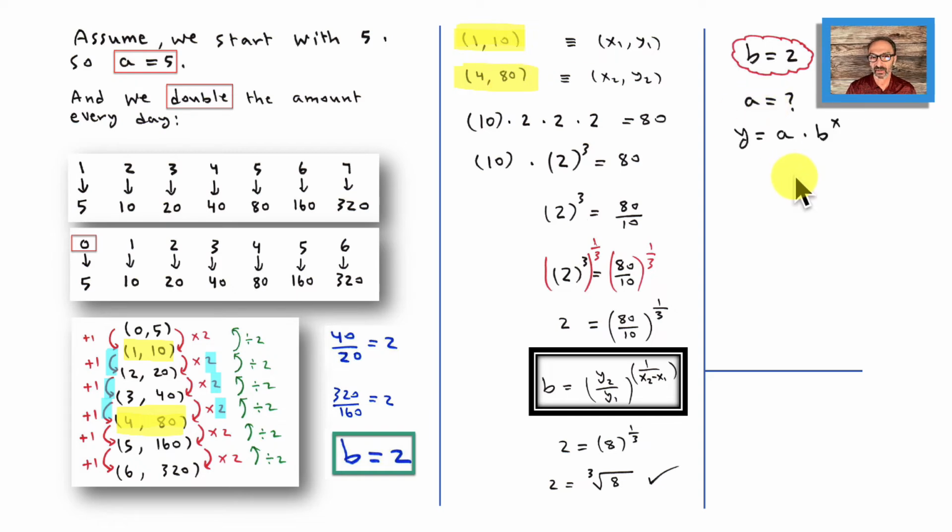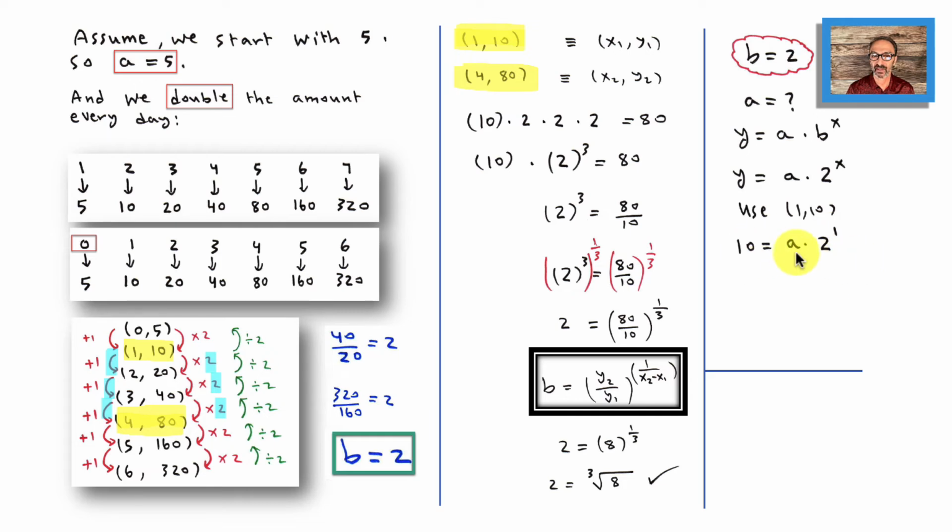We go back to the formula, and we're going to plug in 2 for b, and we're going to use a point. I think this one, (1, 10), is easier to use than (4, 80). You could use whatever you want. I'm going to use (1, 10): 1 for x and 10 for y.